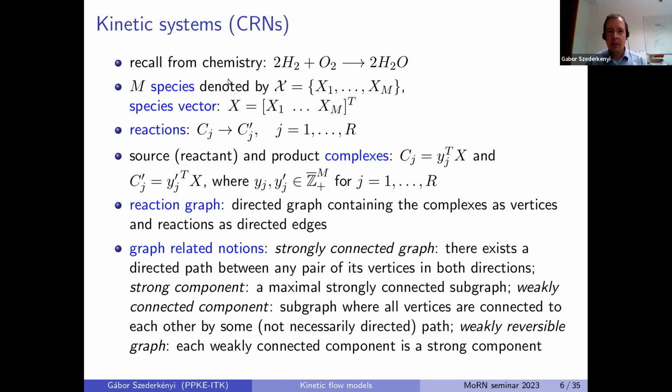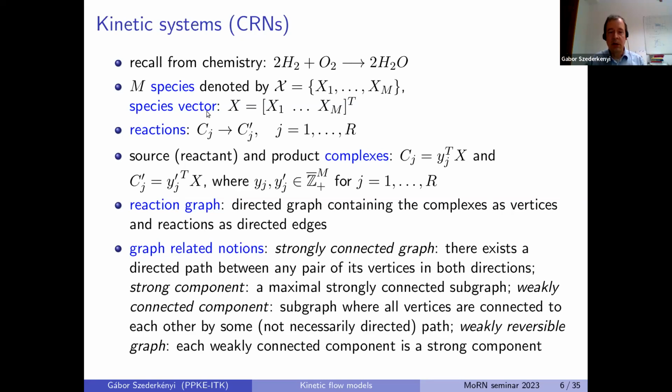So we have M species organized into complexes, which are formally the non-negative integer linear combinations of the species. And these complexes are transformed to each other through reactions. So these arrows denote the reactions between the source and the product complexes.